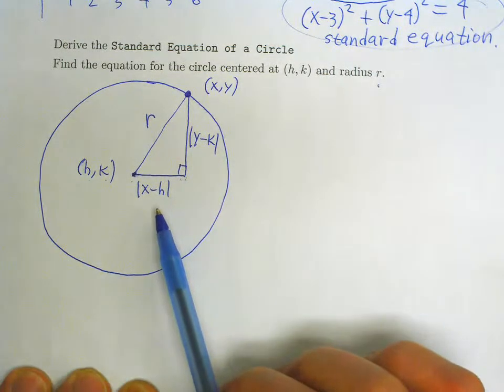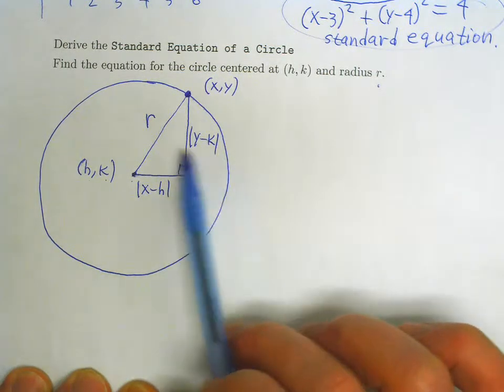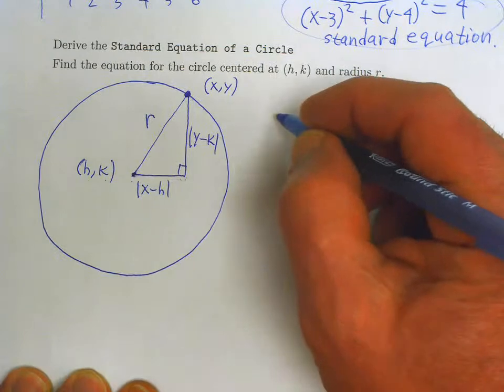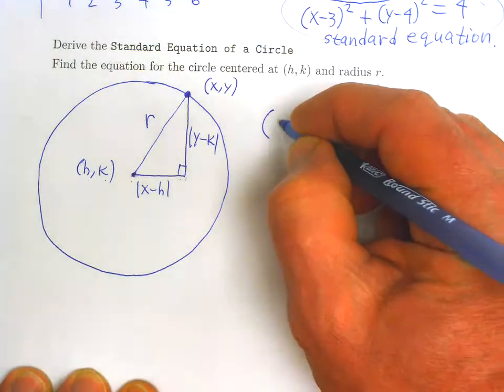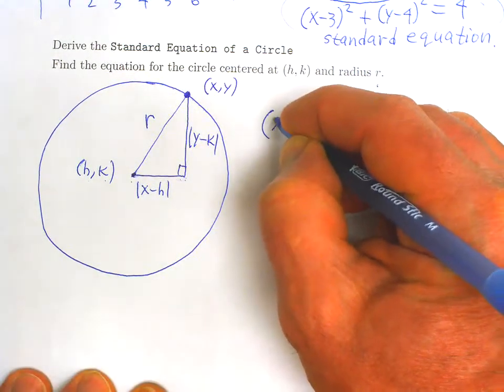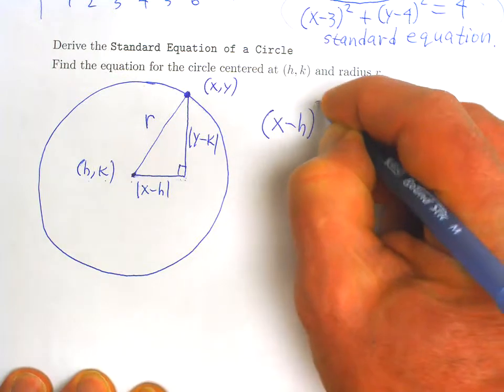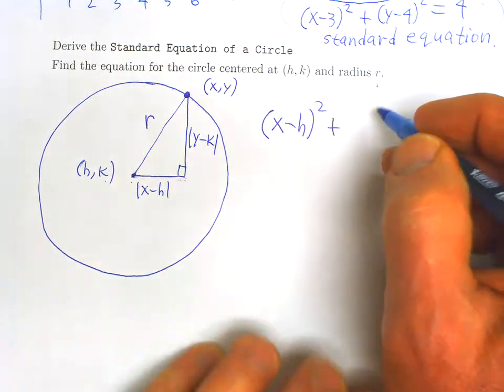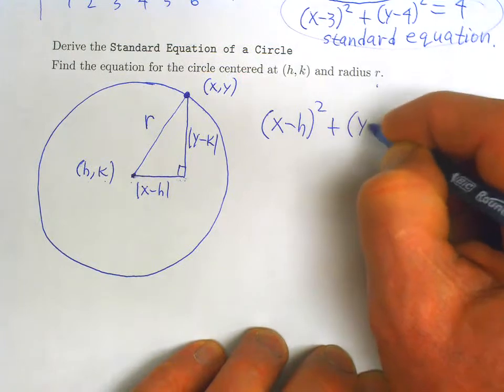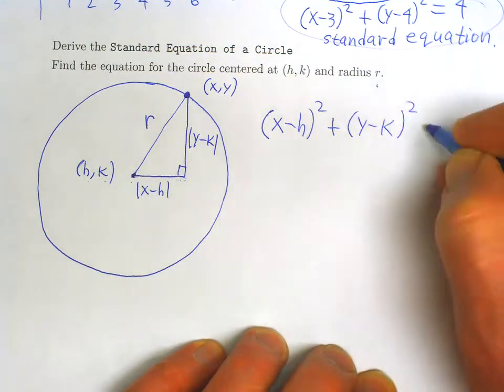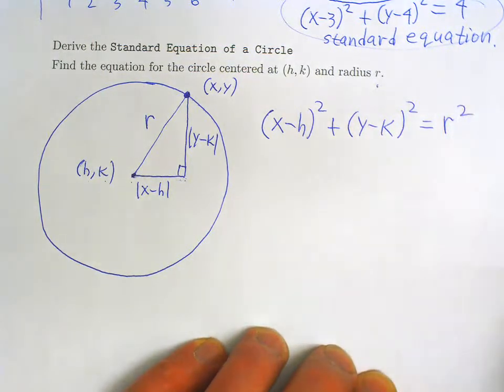Then we apply the Pythagorean theorem to this right triangle. So we can write (x minus h) quantity squared plus (y minus k) quantity squared equals r squared.